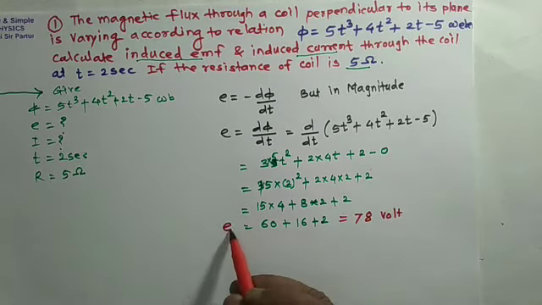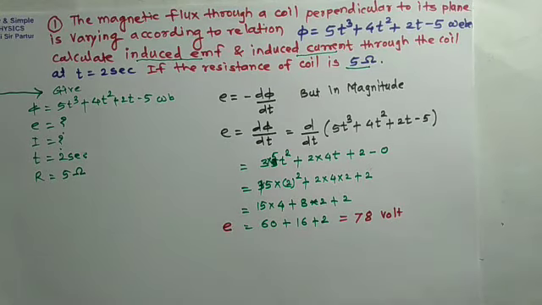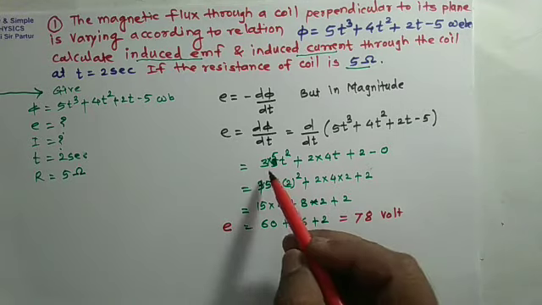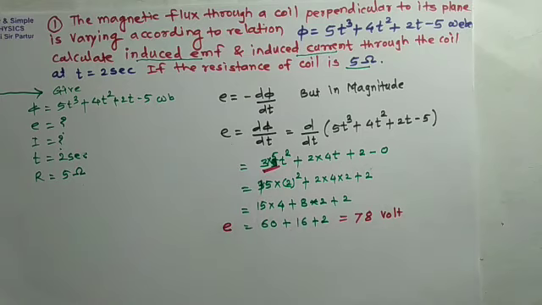The EMF induced in the coil will be 78 volt. See here, 3 into 5, not 35.